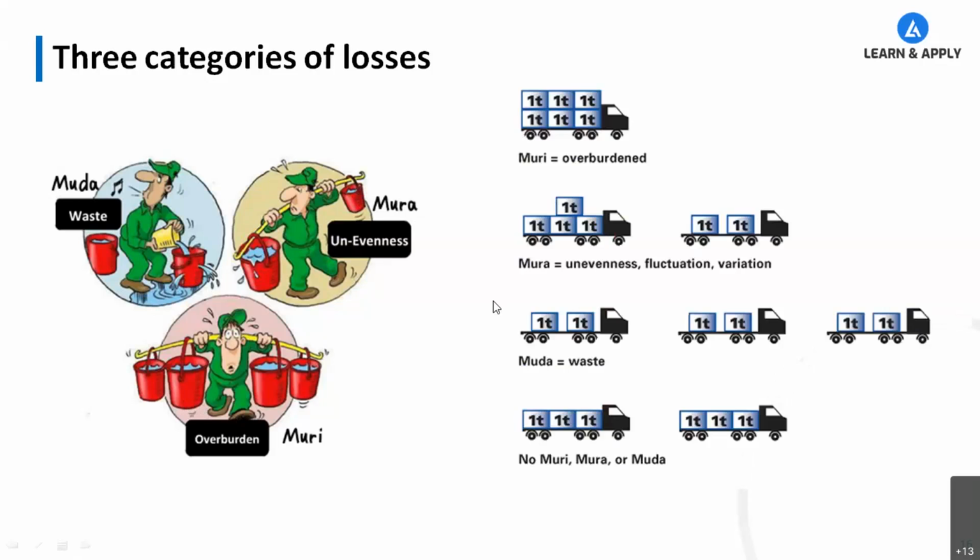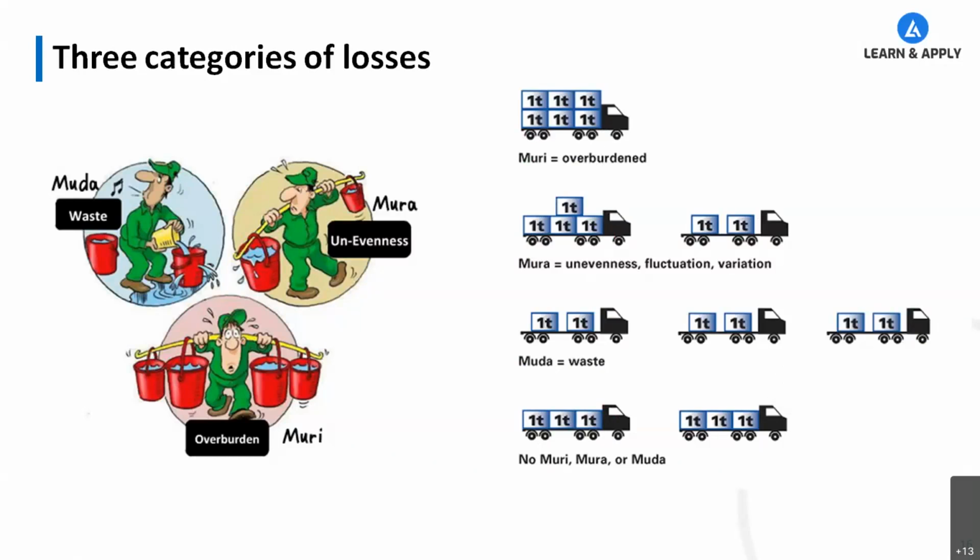Another very good example is truck loading. Let's assume the truck's capacity is 3 tons, so it can carry 3 tons very easily. Here we have Muri, the last one: if the truck capacity is 3 and we are loading 6 tons, that is Muri, that is overburden, that is a loss.